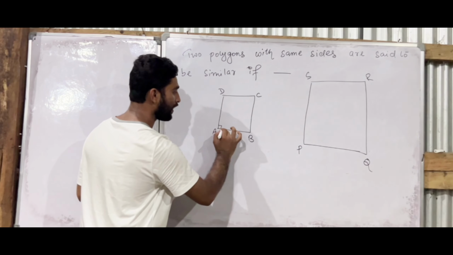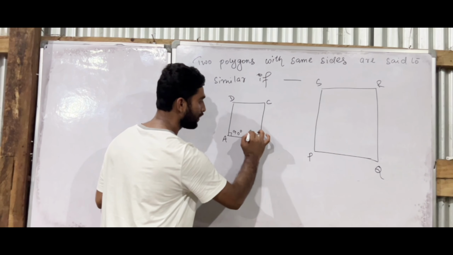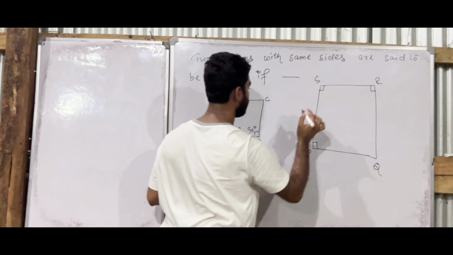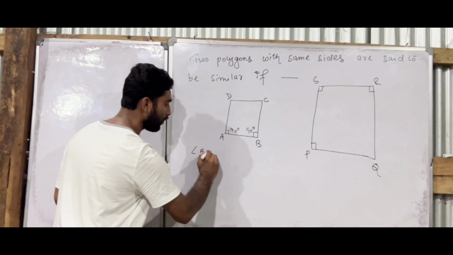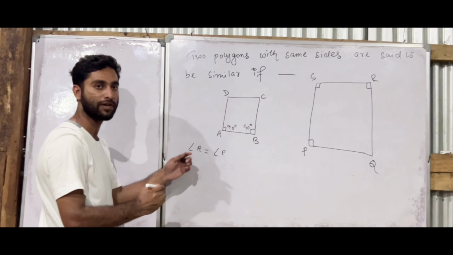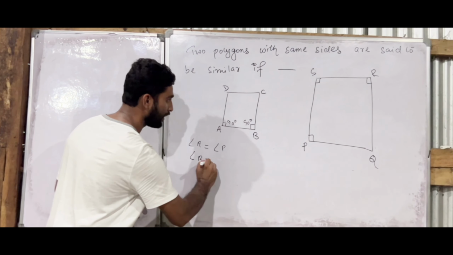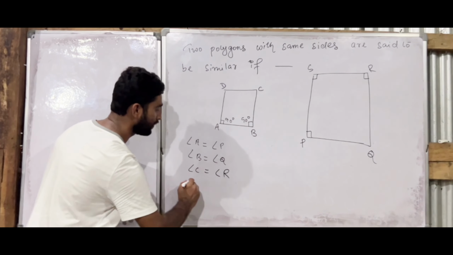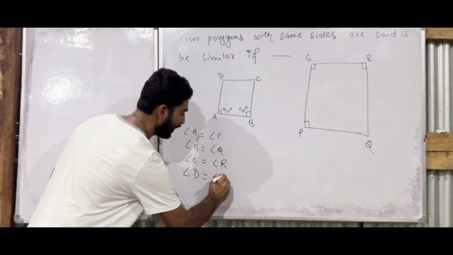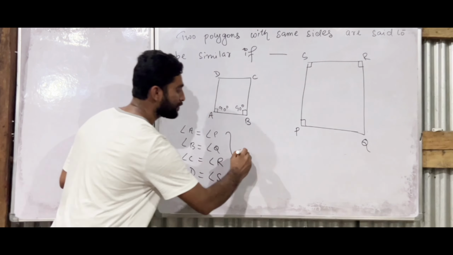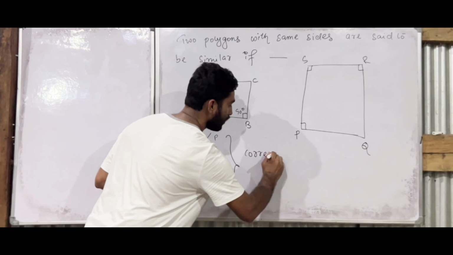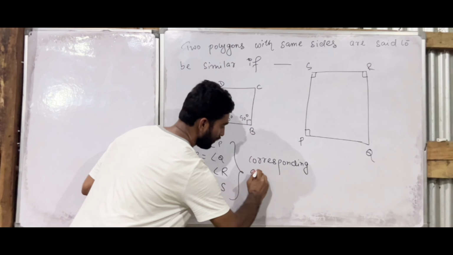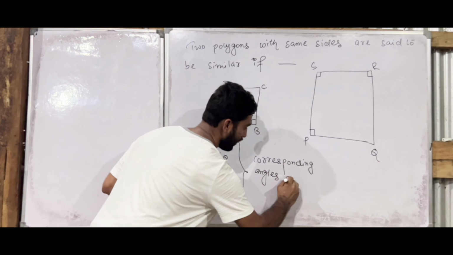If this is a square, then all the angles will be 90 degrees, isn't it? Here also all the angles will be 90 degrees. So angle A is equal to angle P, angle B is equal to angle Q, angle C is equal to angle R, and angle D is equal to angle S. All the corresponding angles are equal.